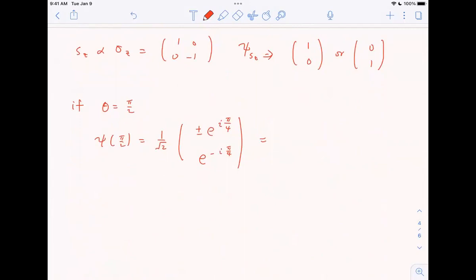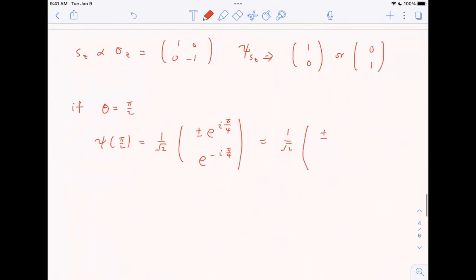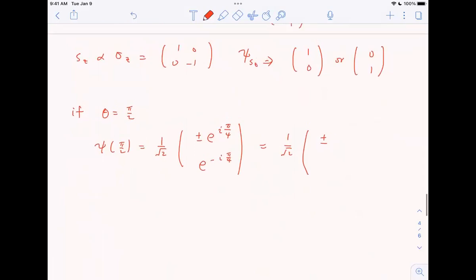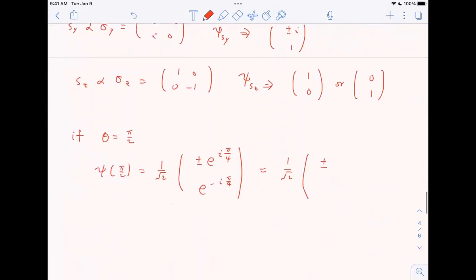What is this? This is just i. So this is plus and minus i, and this is negative i.